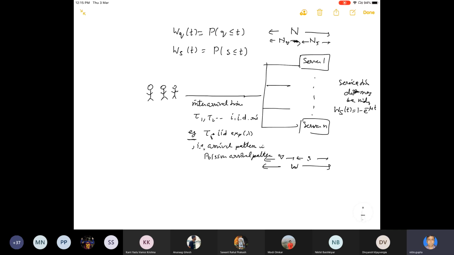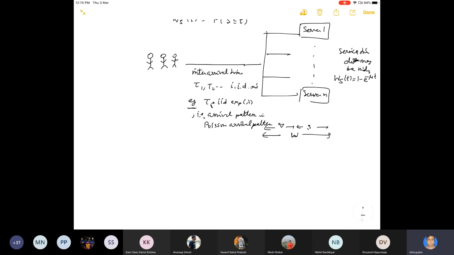That may be exponential with parameter mu, i from 1 to n, because we may assume that they have exponential distribution.